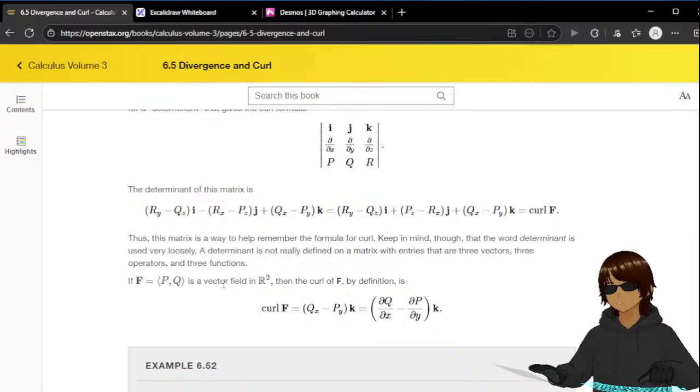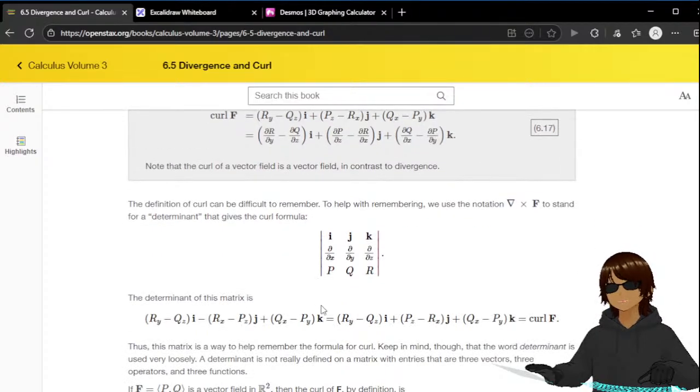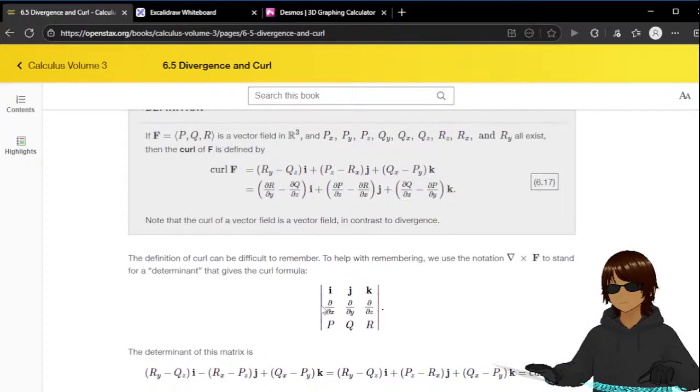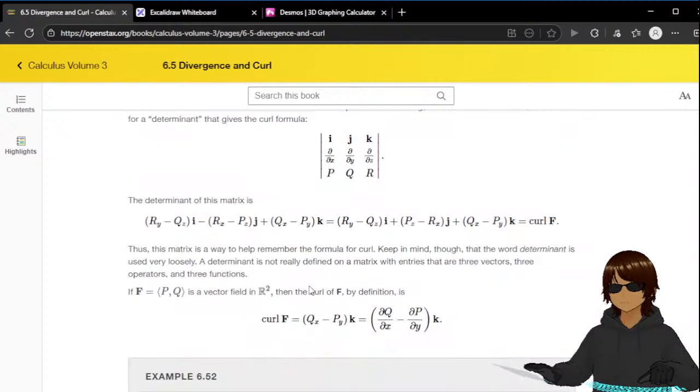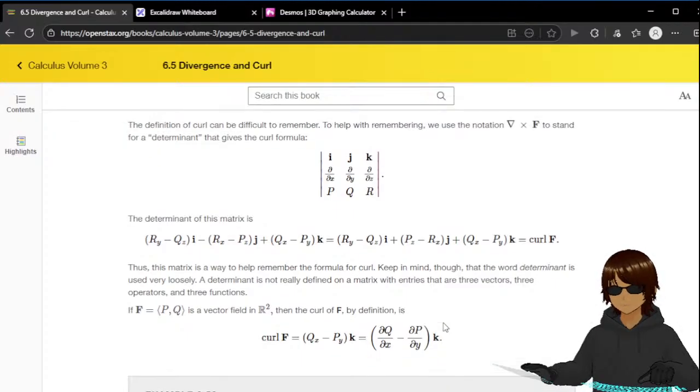If F = (P, Q) is a vector field in R squared, then the curl of F by definition is (Q_x minus P_y)k. Hold on a minute. This curl is in 3 dimensions, i, j, k, and is defined in R cubed. This is only in k. So this minus this.